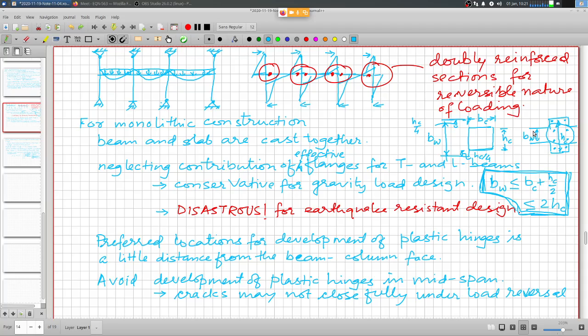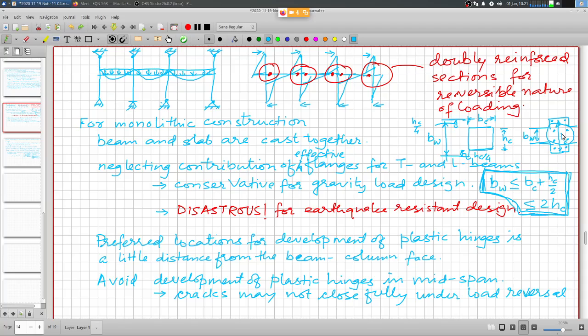So the effectiveness of the longitudinal reinforcement in the columns outside this beam width is not as much as the longitudinal reinforcement that is available inside this beam width.